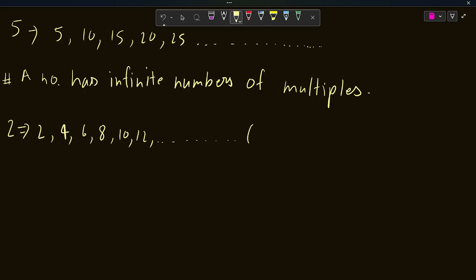If I ask you to write a collection of even numbers, from where will you start? You will start from 2 only. After that 4, then 6, then 8, then 10, then 12. So all the even numbers are multiples of 2. This is just a small point.